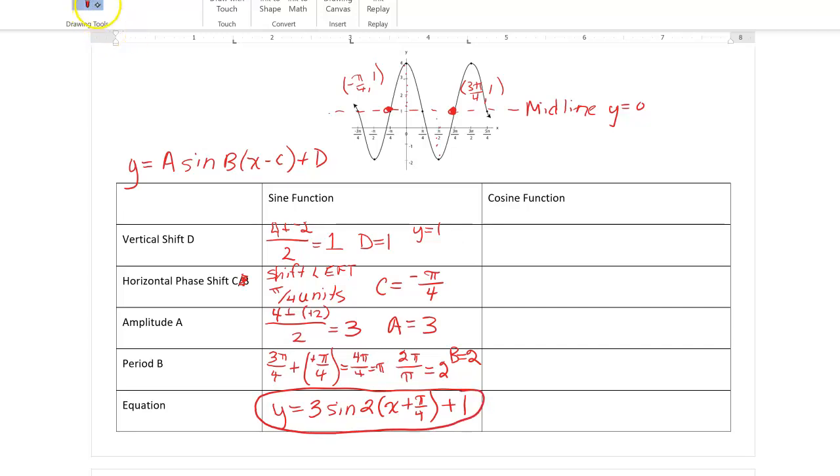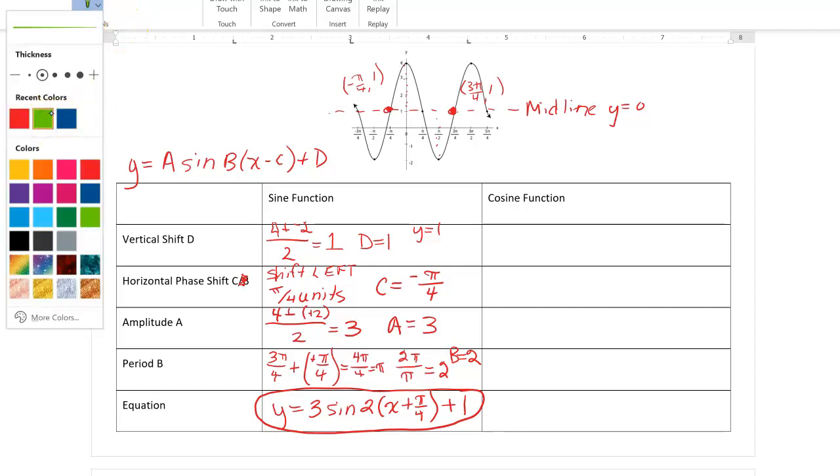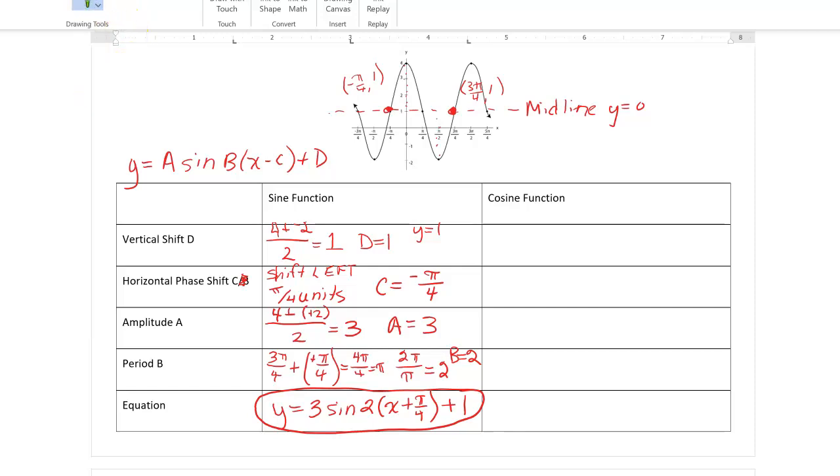Next, our cosine function. That one always goes a little faster after we've done the sine function. So our vertical shift is still going to be D equals 1 for our cosine function. Our horizontal shift, remember with our cosine function, we have to look, it starts at the top of the curve. So this one does not have a horizontal shift since it's going to start at 0 and 4.